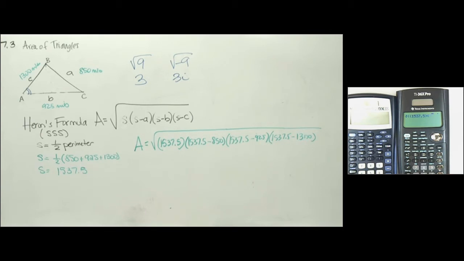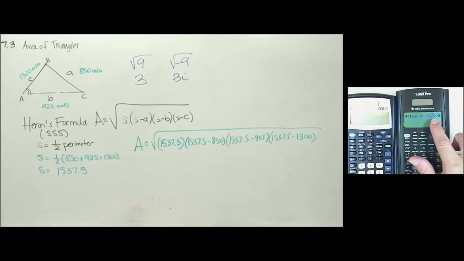I'm going to type another parenthesis, do half the perimeter minus side A. I'm going to put another parenthesis, half the perimeter minus side B. Another parenthesis, half the perimeter minus side C. Now, I got to put one more parenthesis. I got to close in this whole expression.